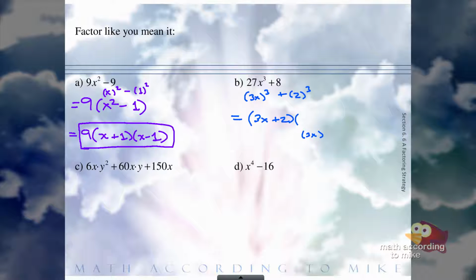Well, a is 3x, so when we square it, we get 9x squared. You have to square the 3 and the x, minus, opposite sign, a times b, 3x times 2 is 6x, plus, always plus, b squared, 2 squared is 4. So that sum of cubes factors as this glorious thing.